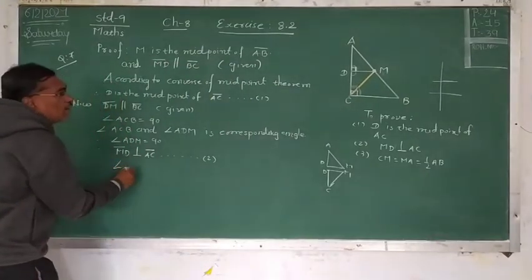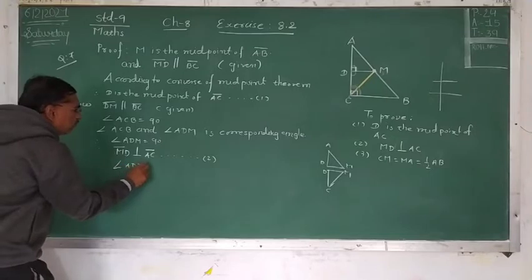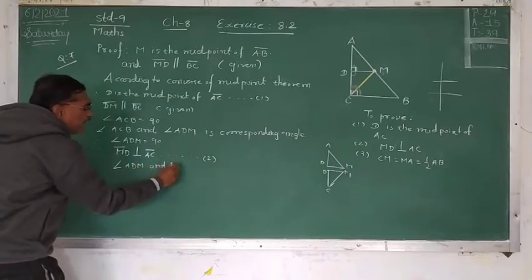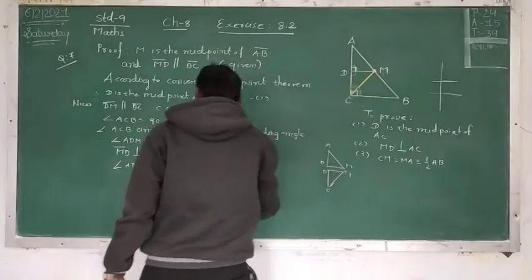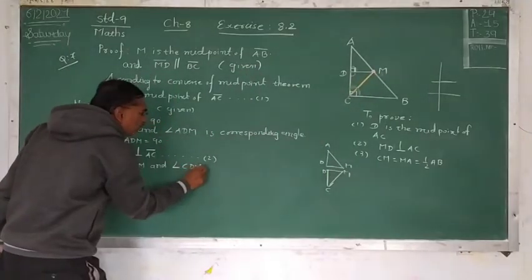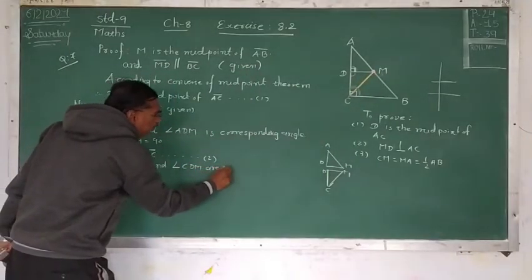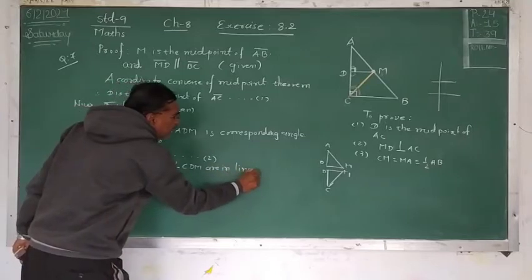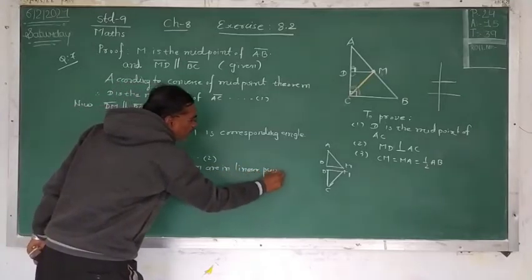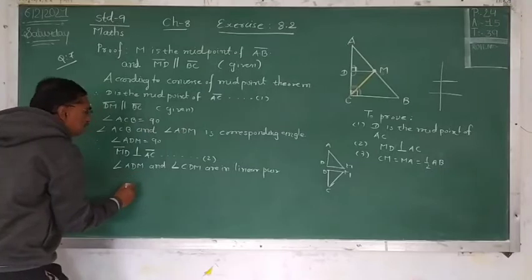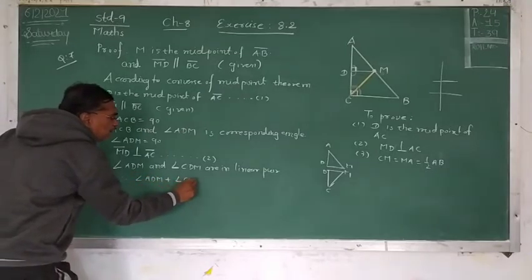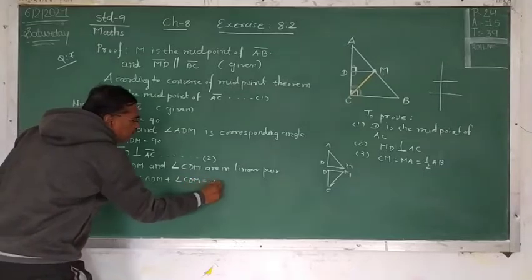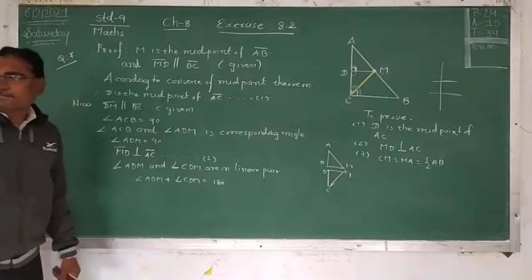Angle ADM and angle CDM are in a linear pair. Therefore, angle ADM plus angle CDM equal to 180.